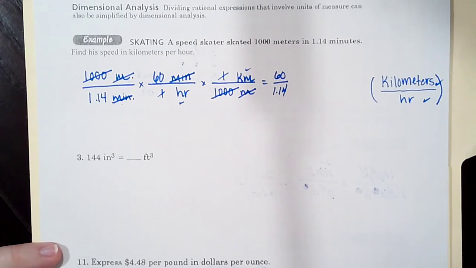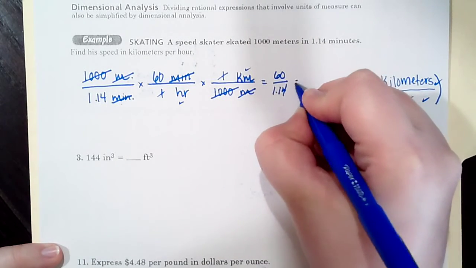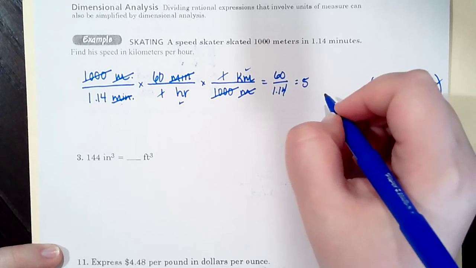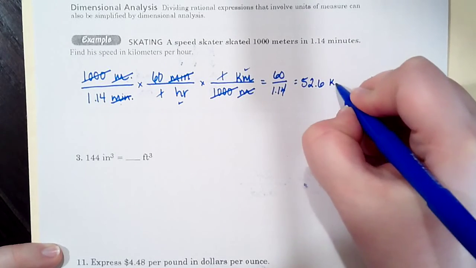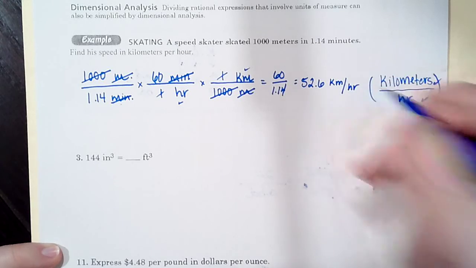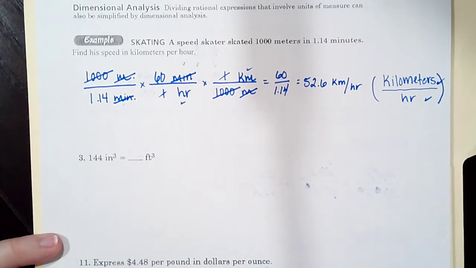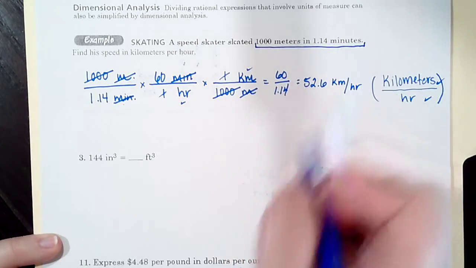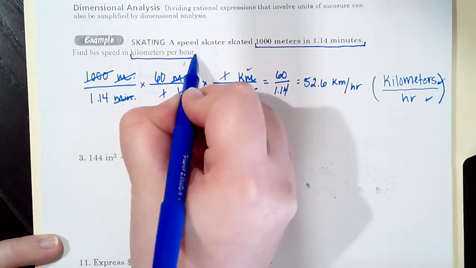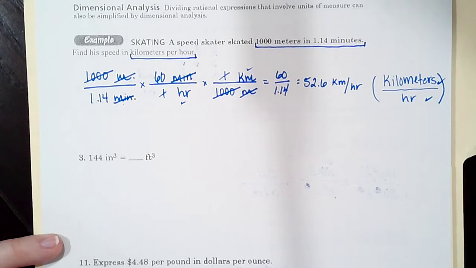If I put this in a calculator, this is equal to approximately 52.6 kilometers per 1 hour. And you have now converted this initial rate into kilometers per hour through dimensional analysis. That was a big example to start off with.